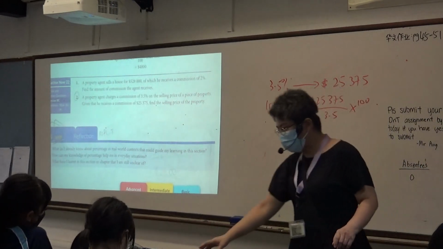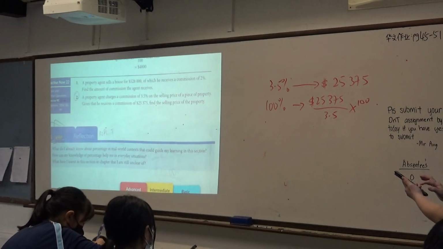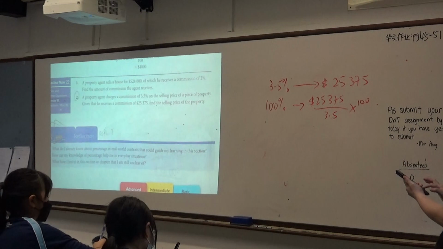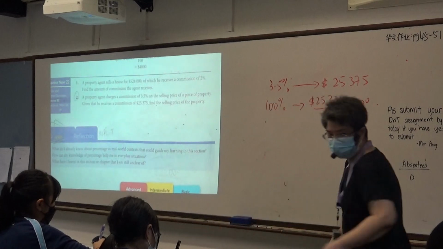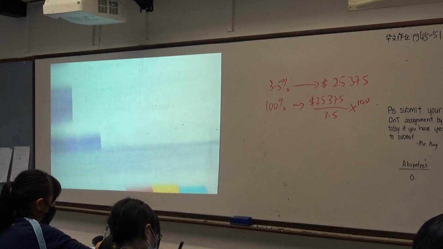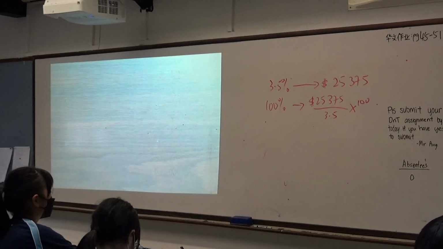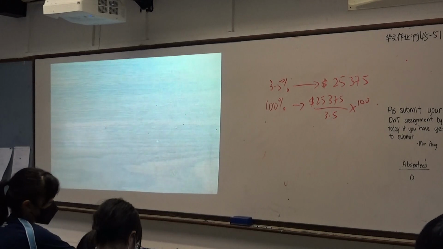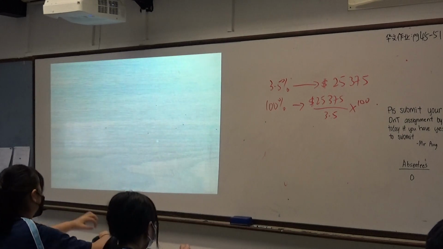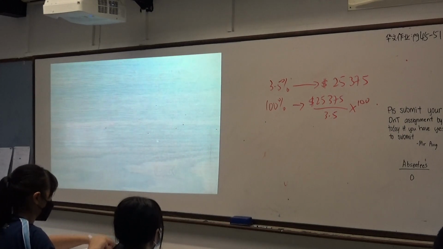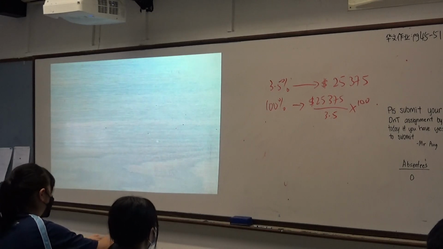Okay, all of you copy this down and find the answer. $725,000. Is this correct? 725,000. Is this correct? Any problems here? No. Okay, then I want to continue now.